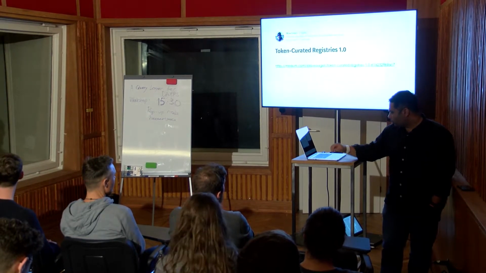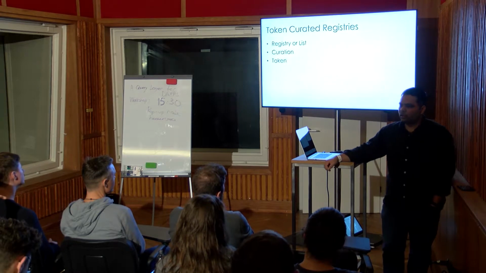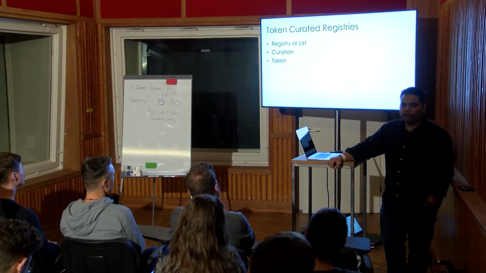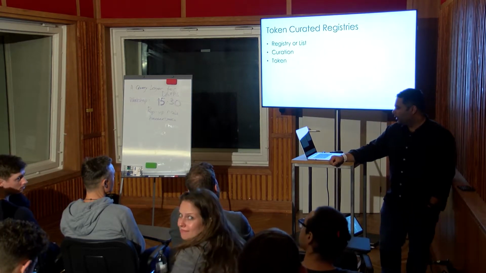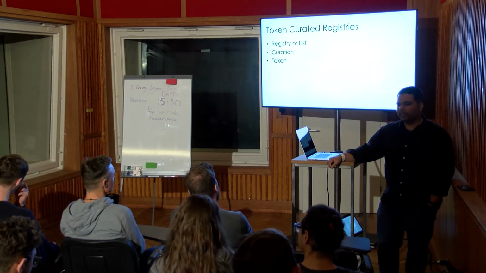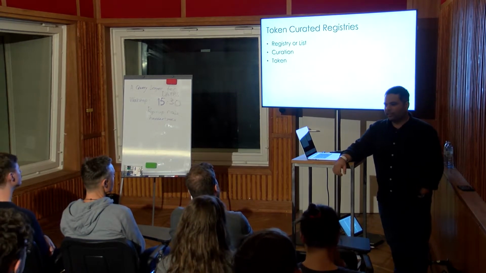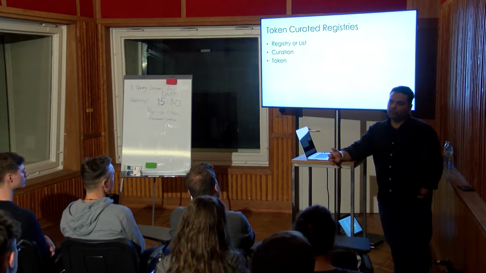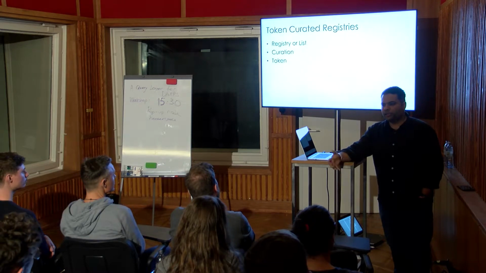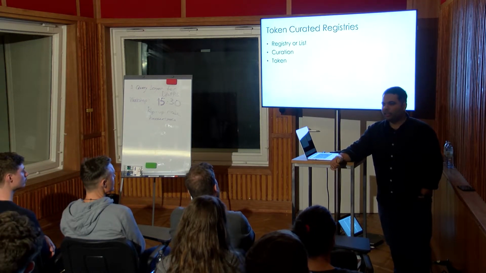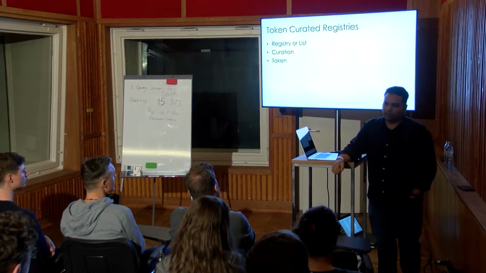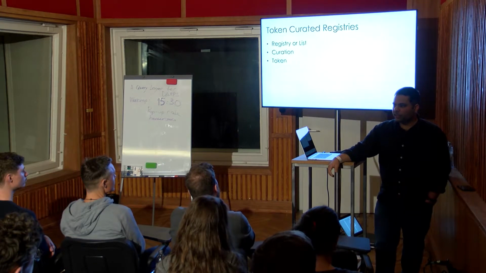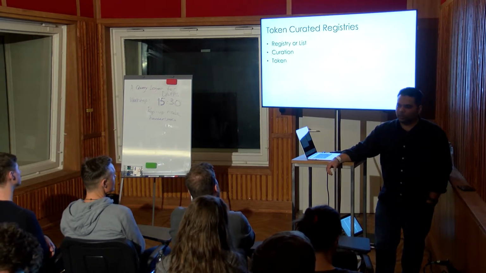So to cover the very basics of TCRs, we only have some simple primitives over here. We have a list basically, which we call a whitelist, and if this is a list, then there should be items added or removed from this list. Now that is not being done by a direct user, or by one particular person. It is being done by a community or a group of people.